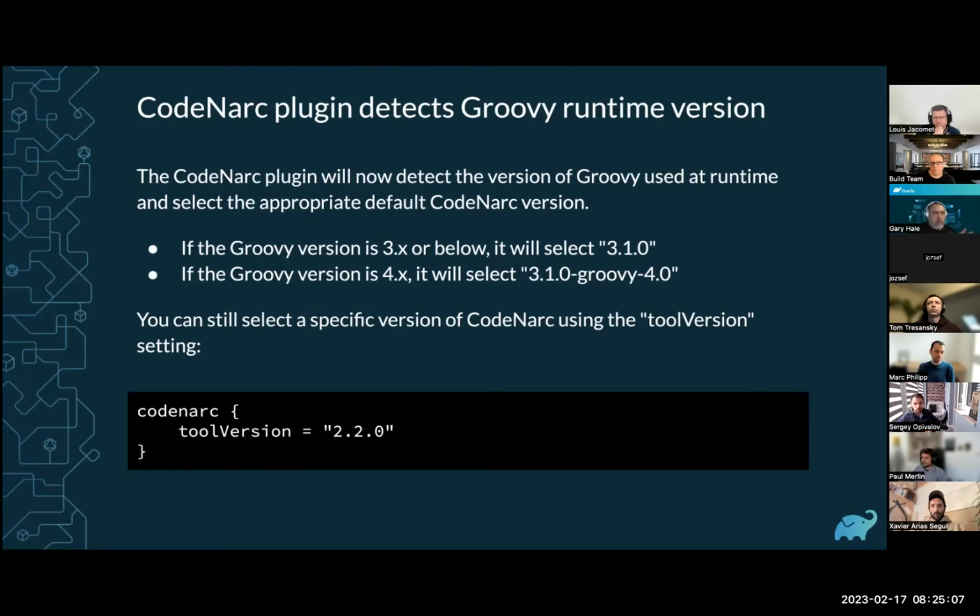If it's 4.x or above, it will now use the 3.1.0 Groovy 4.0 variant, and you won't have to worry about this. This only applies to the default, of course, and so if you're using the tool version setting to configure your own version, you can still do that, and it doesn't have any effect on that.